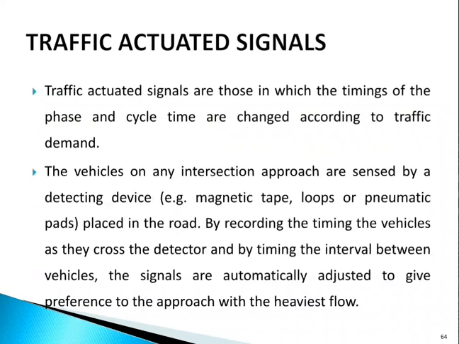The vehicles on any intersection approach are sensed by a detecting device like magnetic tape, loops, or pneumatic pads placed in the road. By recording the timing of the vehicles as they cross the detectors and by timing the interval between vehicles, the signals are automatically adjusted to give preference to the approach with the heaviest flow.